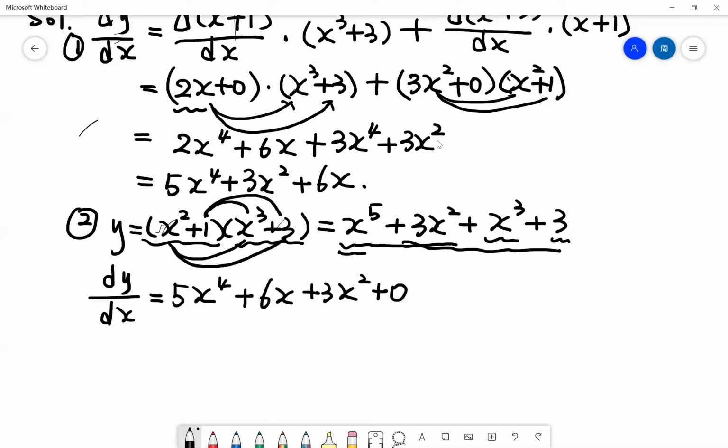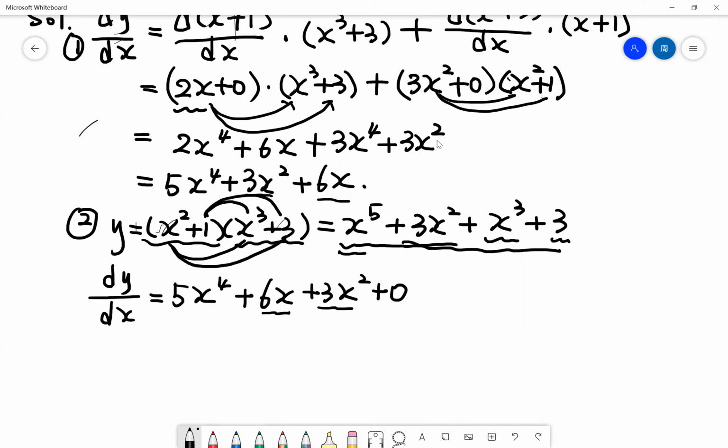So in the second way, we also get the same result, that dy by dx equals 5x power 4 plus 6x plus 3x power 2. These two places you can switch. So here are two ways to solve the third question.